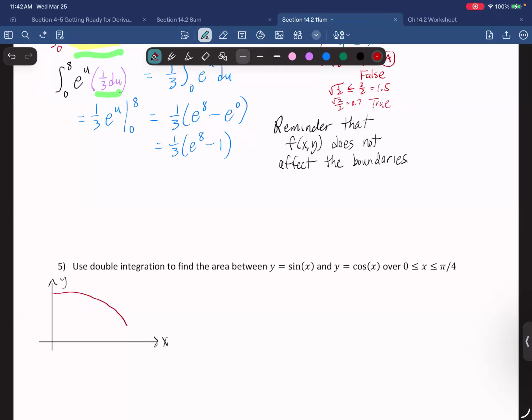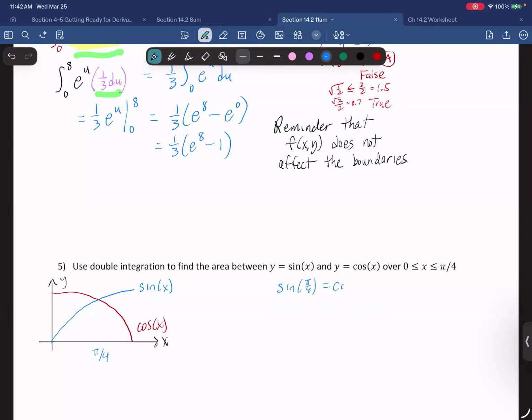So that is like cosine x. And that is like sine x. And they're saying going from 0 to pi over 4. Where does pi over 4 go right here? It happens to be where they intersect, which is convenient.